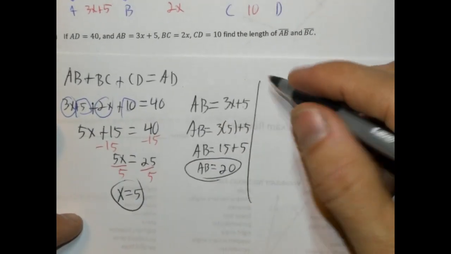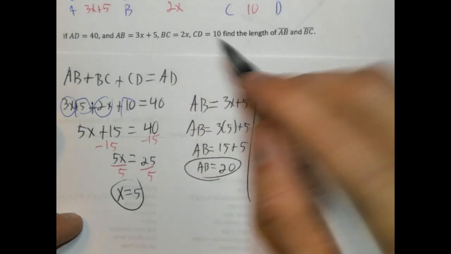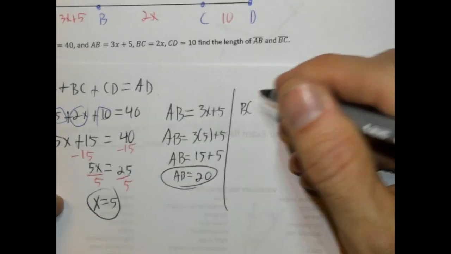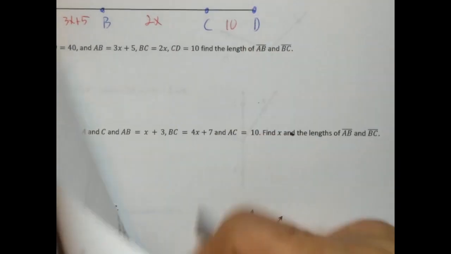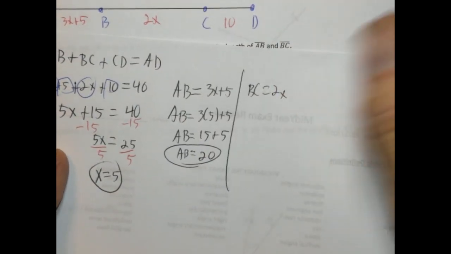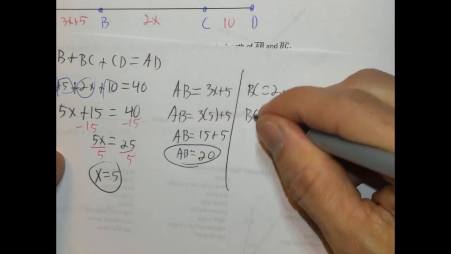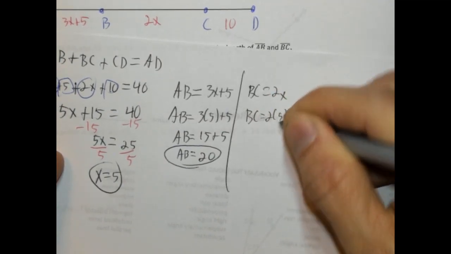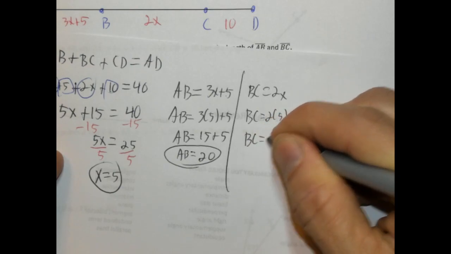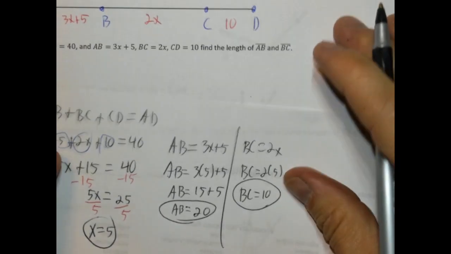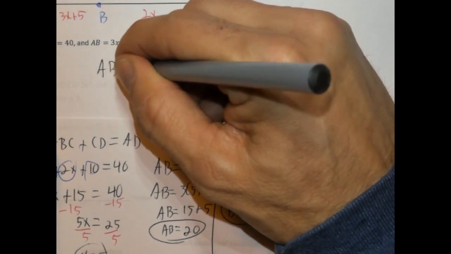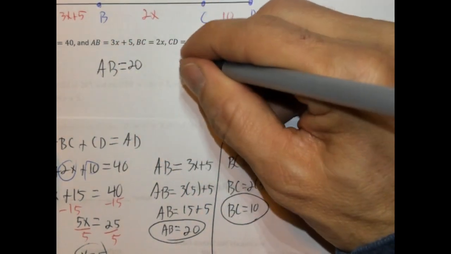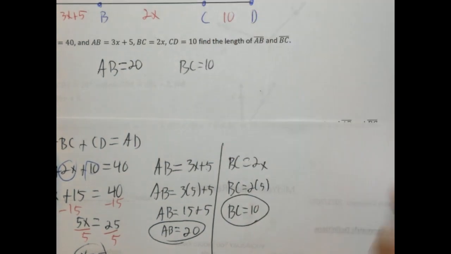And BC is 2x. So BC is going to be 2 times 5, and BC is going to be 10. So that's it. The distance AB is 20, and the distance from B to C is 10.